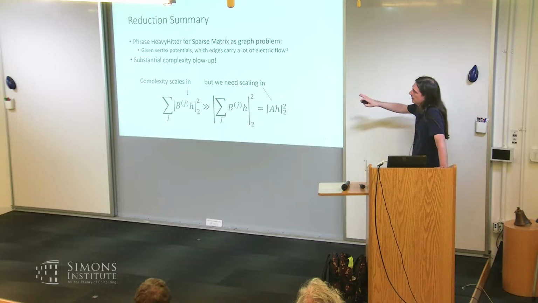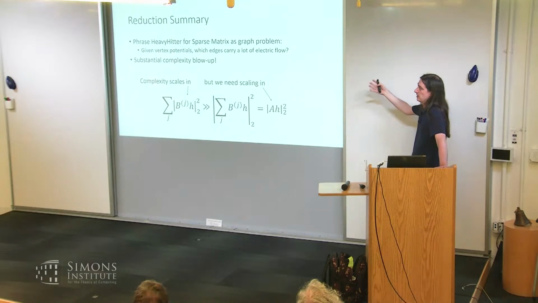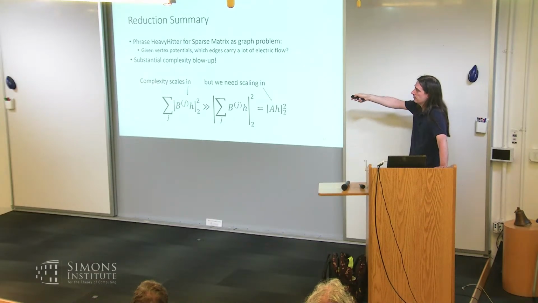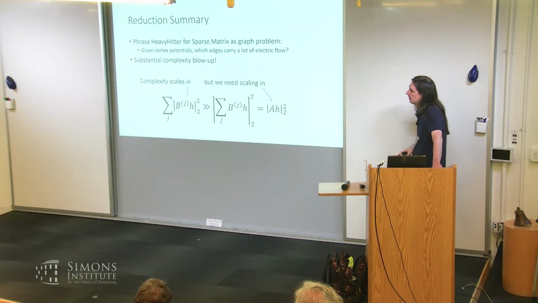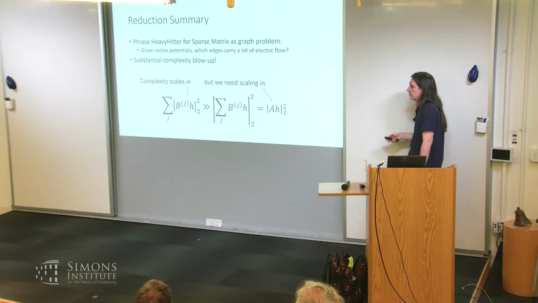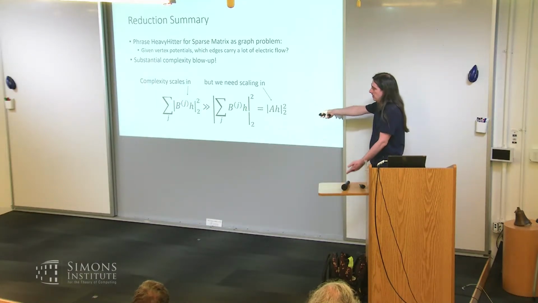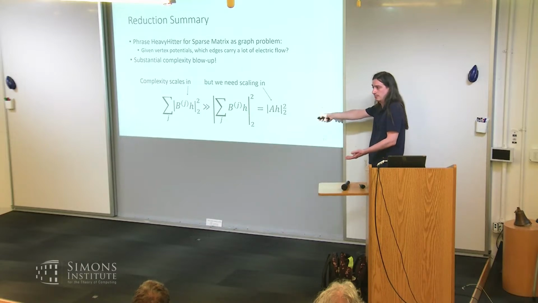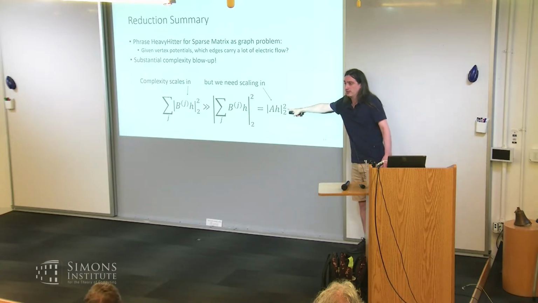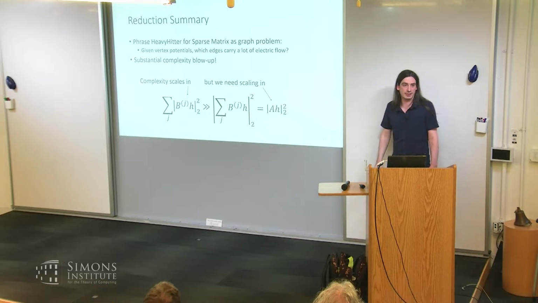The summary here is this heavy hitter problem on sparse matrices. We could try to phrase that as a graph problem, something like given vertex potentials, which edges carry a lot of electric flow. But this, if we just do it naively, comes with a complexity blow up. The complexity of our data structure scales in the sum of these L2 norms, which could be much larger potentially than the L2 norm of the sum, which is precisely the norm that we wanted our complexity to scale in.